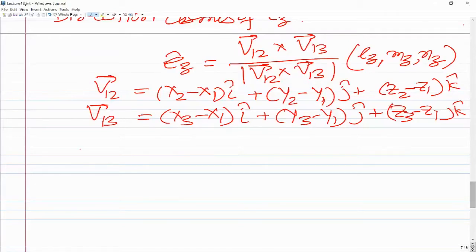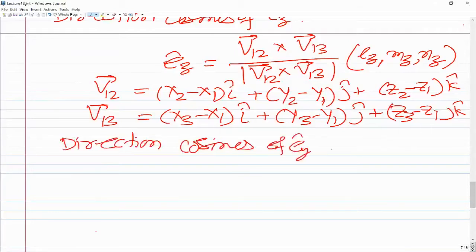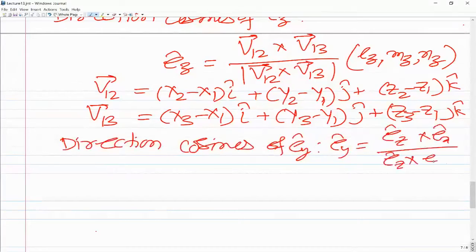Then once we have defined the Ex cap and Ez cap, we can define the direction cosines of Ey cap. Ey cap you can write as Ez cap cross Ex cap divided by the magnitude of Ez cross Ex cap.